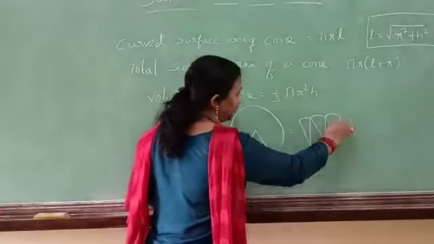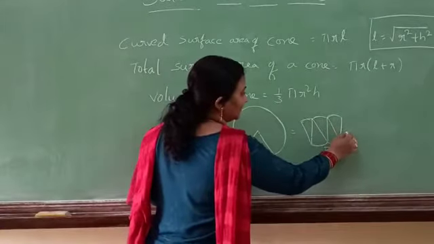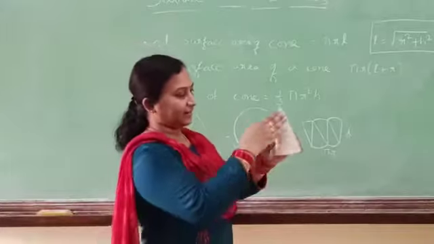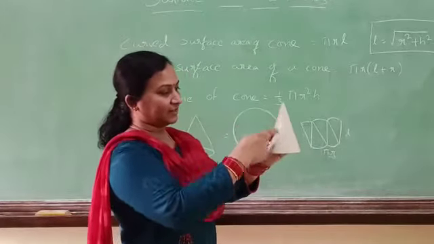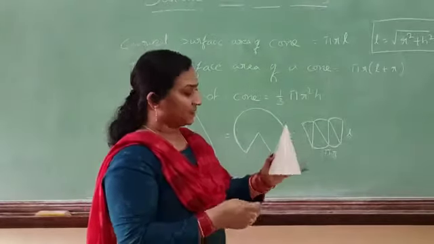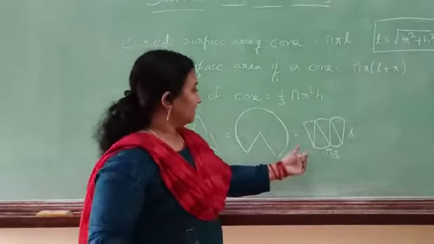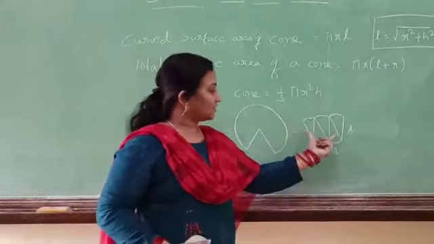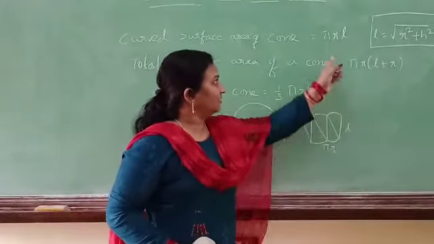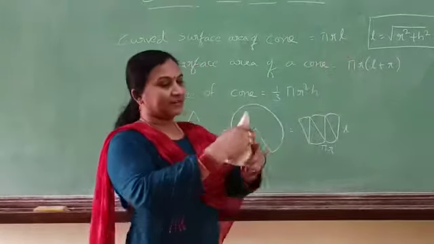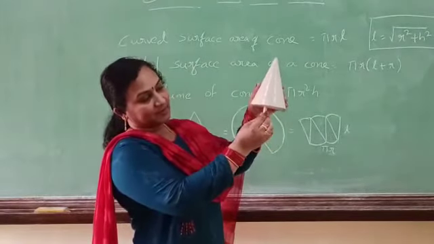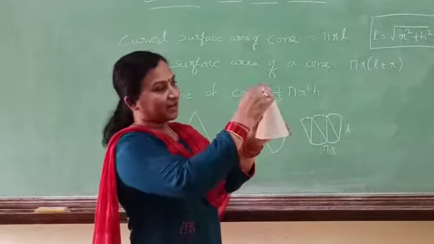And this is not the height, it is the lateral slant height. This is the slant height. We are not taking this height. This height is different from that one. So then the curved surface area of this cone will be pi r into L. When a perpendicular is drawn from top to the bottom, it is called the height.